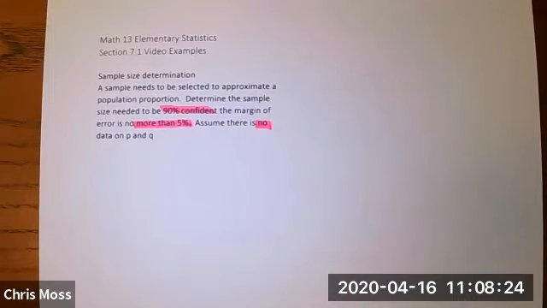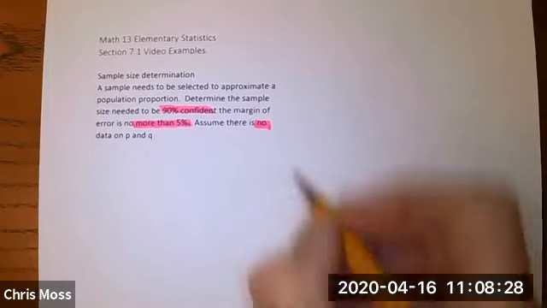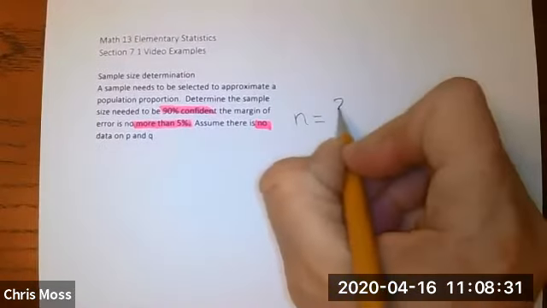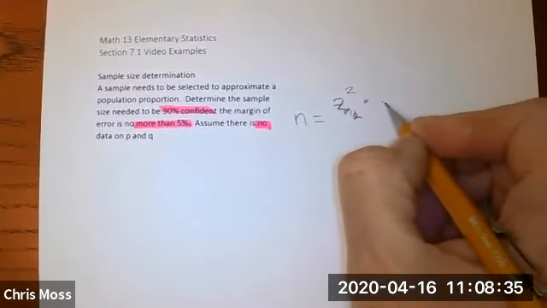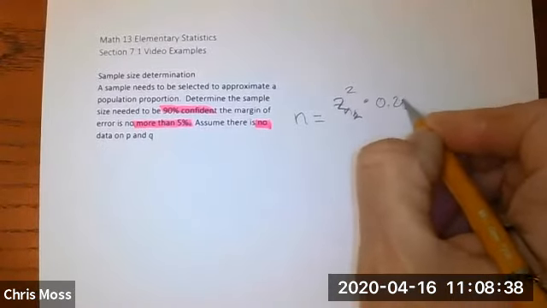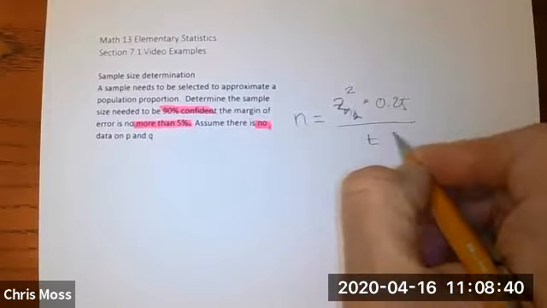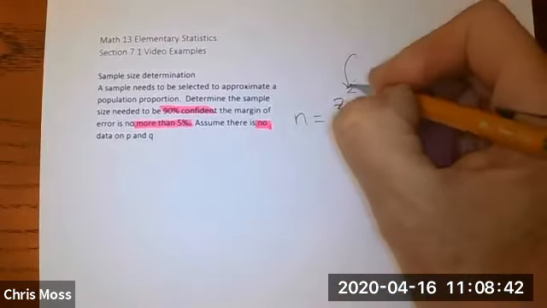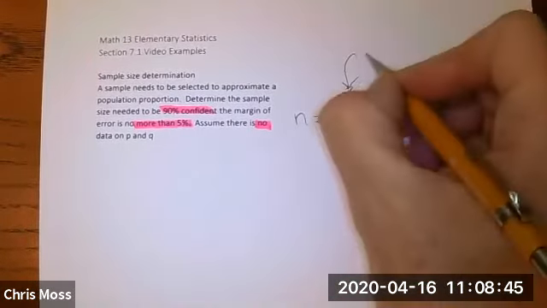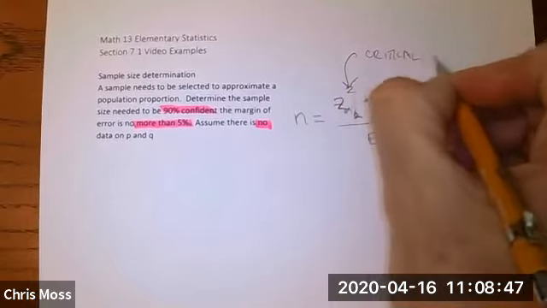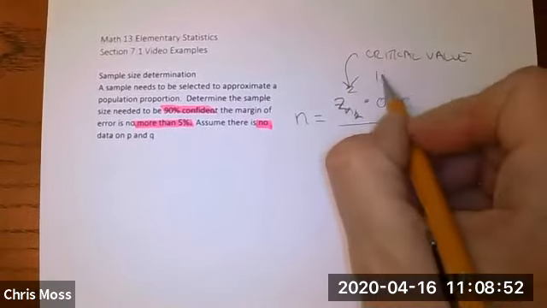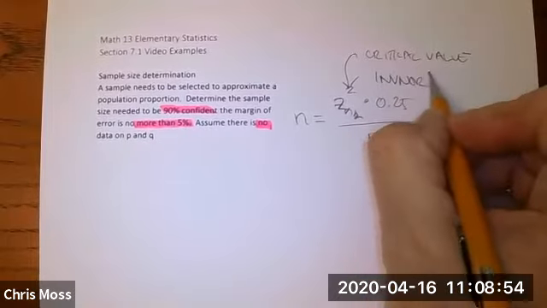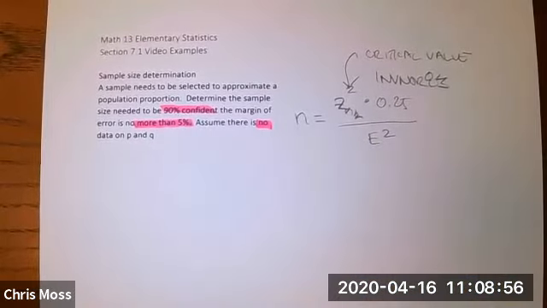Now, once we've done that, I'll need to remember that I'll have to use the formula N equals Z alpha over 2 squared times 0.25 divided by E squared. Now, the Z alpha over 2 is a critical value, and we're going to pick that up from the inverse normal 83 program.